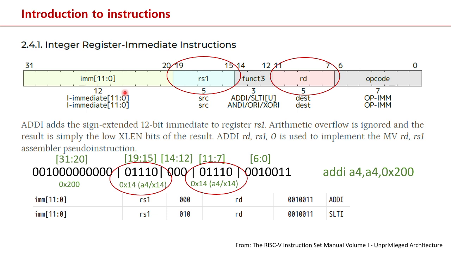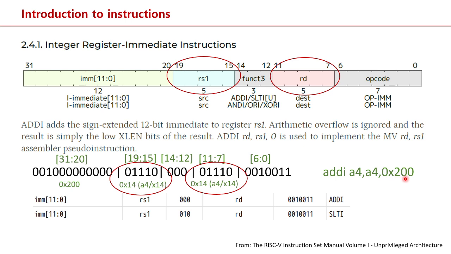For this, we need to refer to bit positions 20 to 31. Based on this information, we have the binary value 001000000000, and this binary value can be converted into the hexadecimal format 0x200. This is considered the second operand. This information can be identified here: the second operand is 0x200.